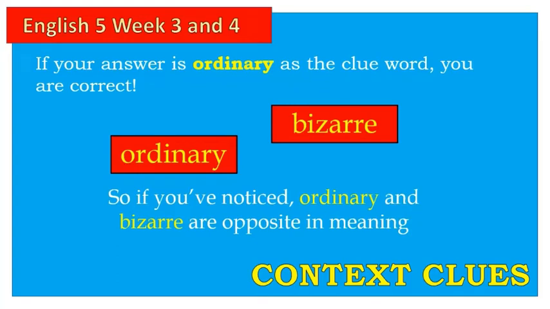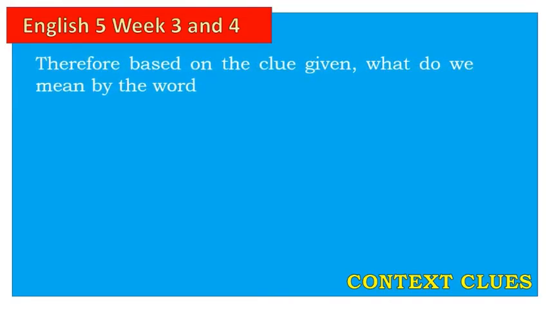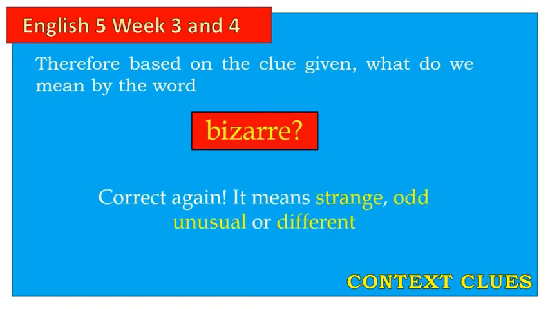So, if you've noticed, ordinary and bizarre are opposite in meaning. So, ibig sabihin, hindi sila magkasing kahulugan. Magkasalungat sila ng ibig sabihin. Therefore, based on the clue given, what do we mean by the word bizarre? Correct again. It means strange, odd, unusual, or different.